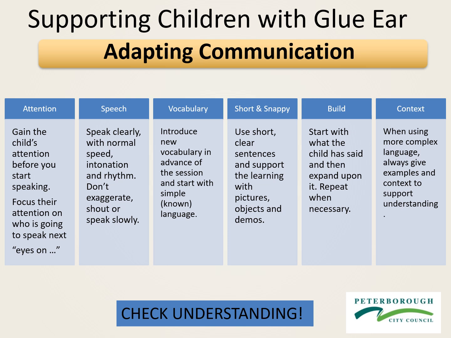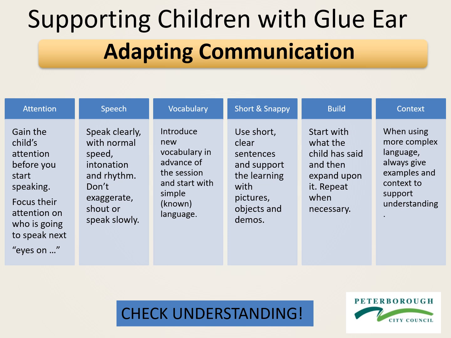We should speak clearly with normal speed, intonation and rhythm. We don't want to exaggerate, shout or speak slowly, as this will change the way that the lips work in forming the sounds. Preferably, we should introduce new vocabulary in advance of teaching sessions.